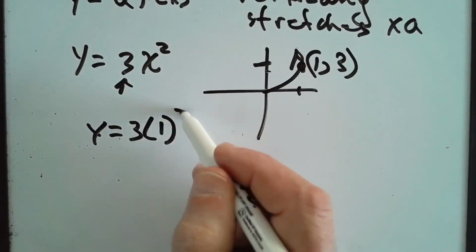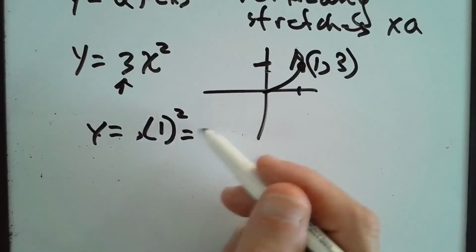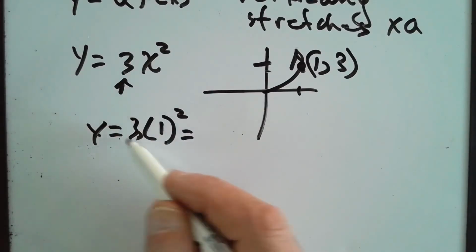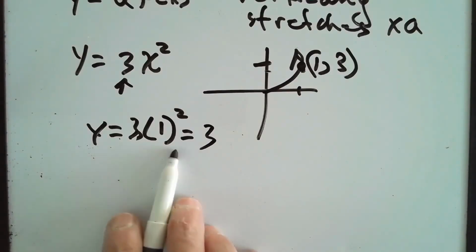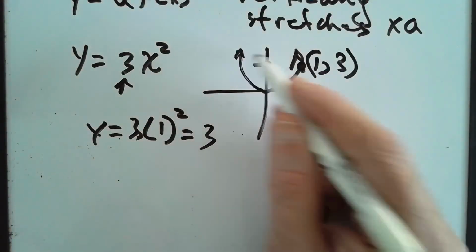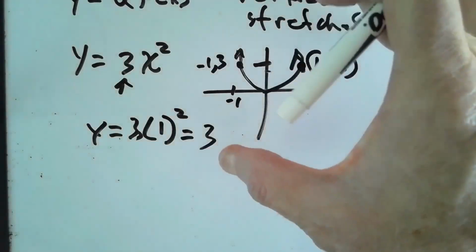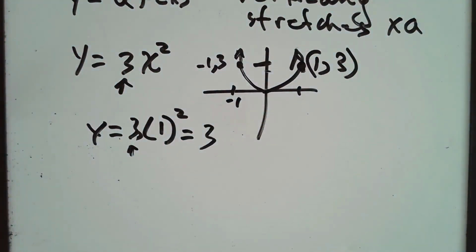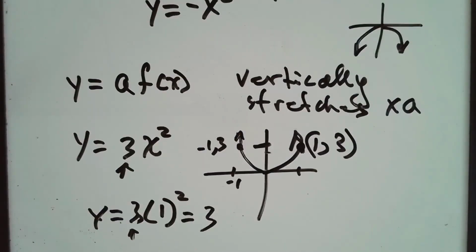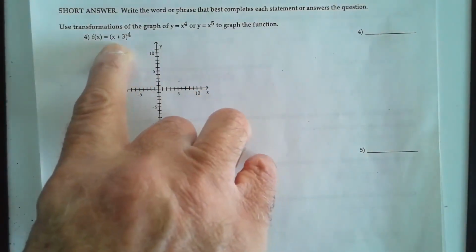If it's just x squared and we put 1 in, we get 1 out. But when there's a multiplier on the outside like this, now it's going to be 1 squared times 3. Now it's going to be 1 in and 3 out. And this would be negative 1 and 3. So it stretches it vertically by whatever this number is here. Okay? All right. Questions with that? Okay, so having said that, which way is this graph going to shift?